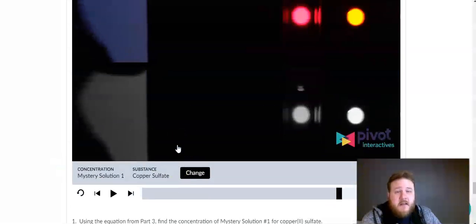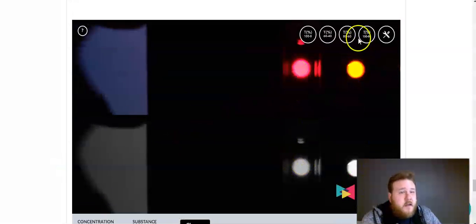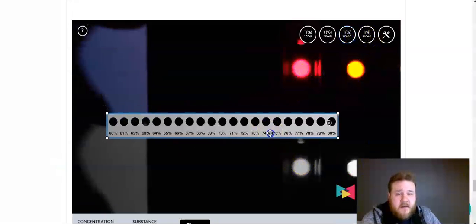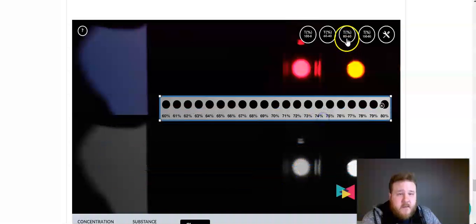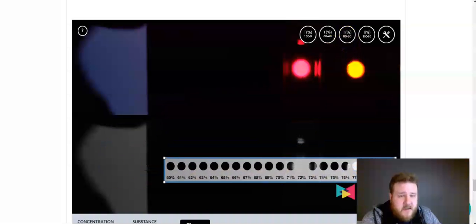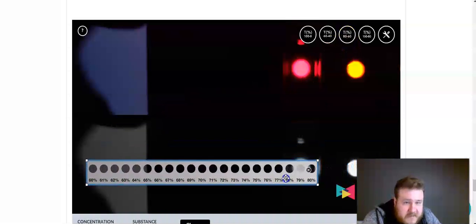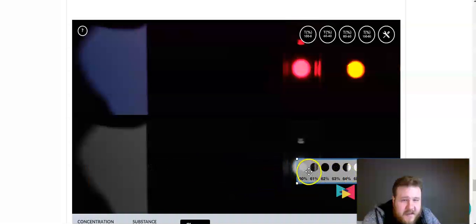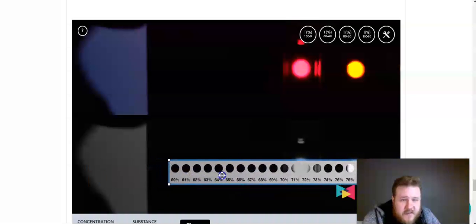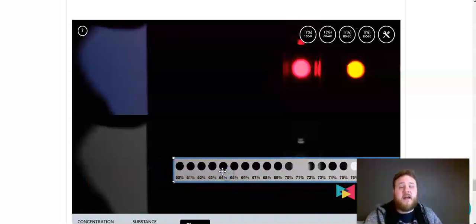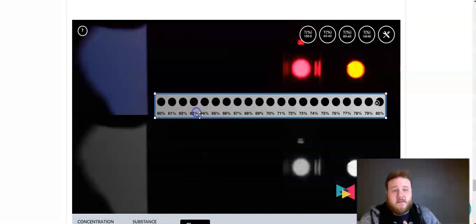Again, we're looking at the red light. You can take a guess at where you think it is. I think it's somewhere between 60% and 80%. Let's match it up here. If I look at 79, that looks a little too dark. But if I look at 60, that looks a little too light. So let's get somewhere around 71, 70. That's what I determined the percent transmittance to be.